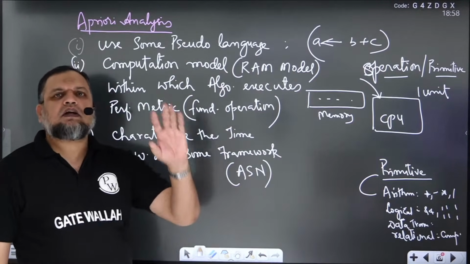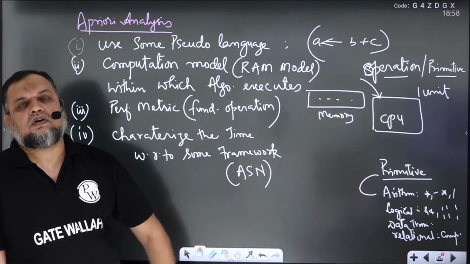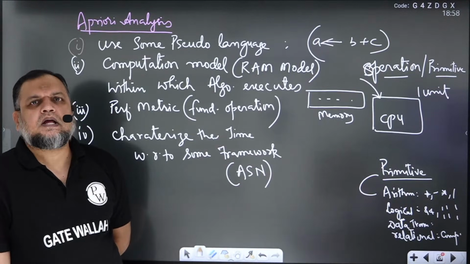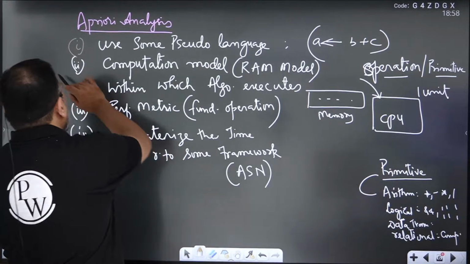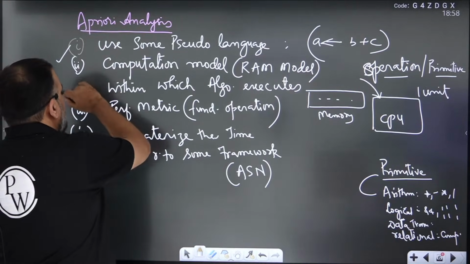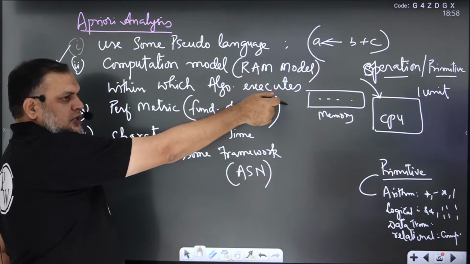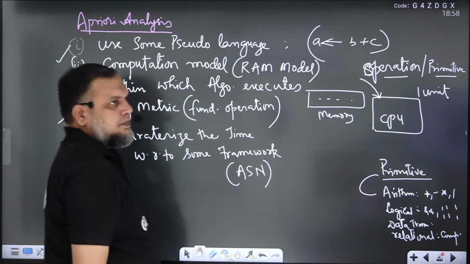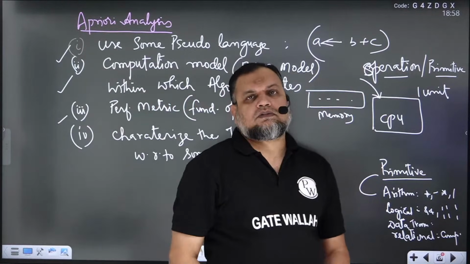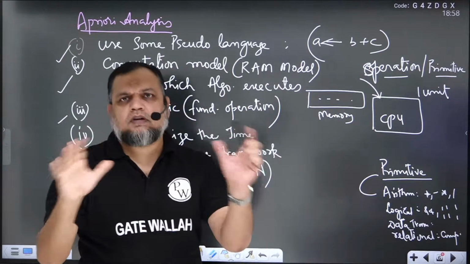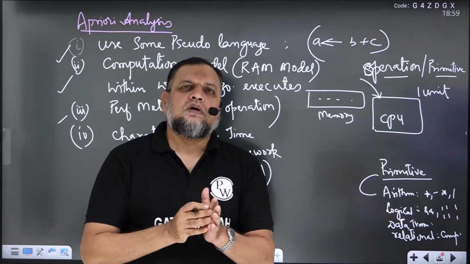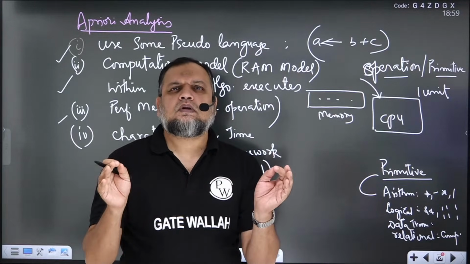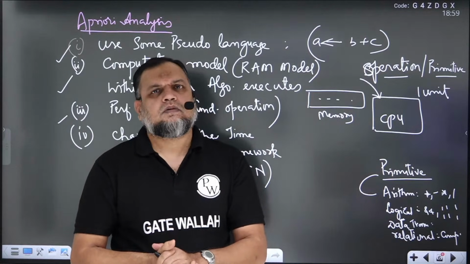It is used to characterize the running time of algorithm, including recursive algorithms. It's a tool to characterize the running time of algorithm. The actual steps are these: you have to basically express your algorithm using some language, you assume some computational model, and then identify the metric, and then determine the step count. After determining the step count, फिर आप जब asymptotic notation use करेंगे to represent the time in a most suitable and beautiful way. That is the basic rule.